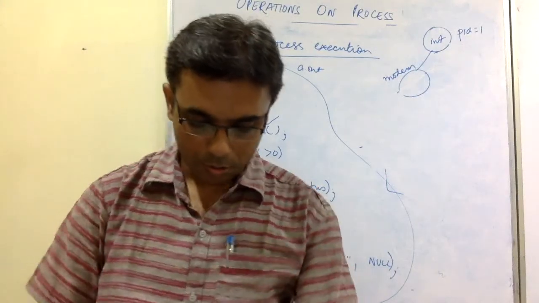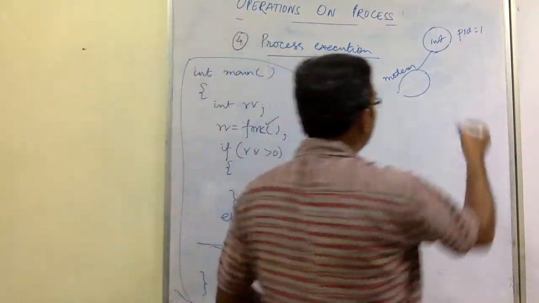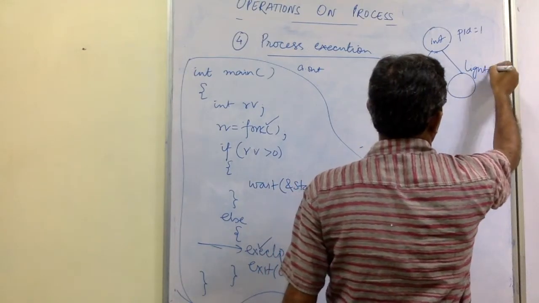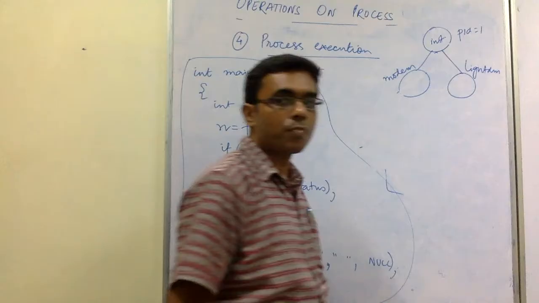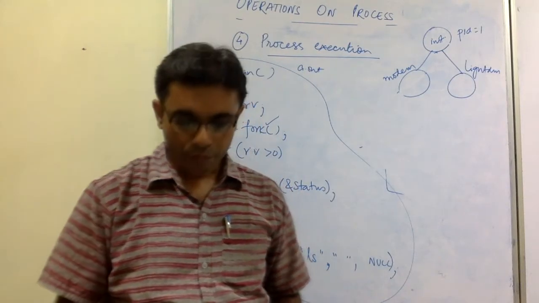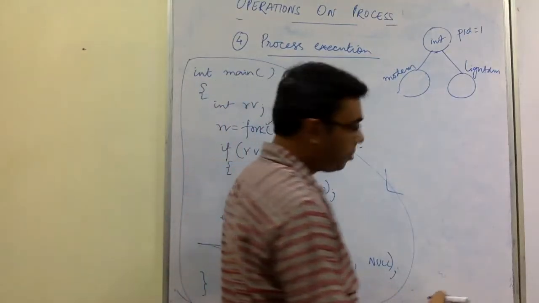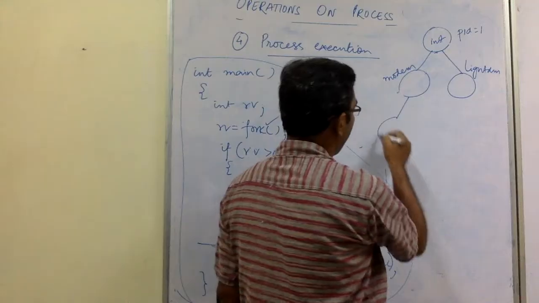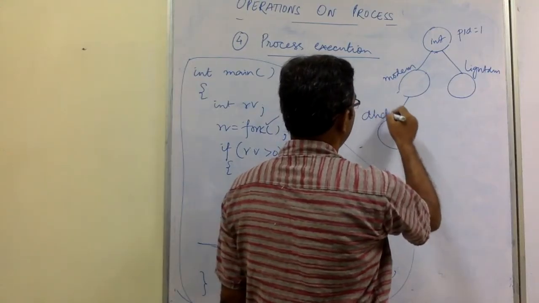So we have, say, init again can lead to a daemon. Daemons are processes that run in the background, they always keep on running. Maybe this gives rise to, say, a new process called DHCP client.